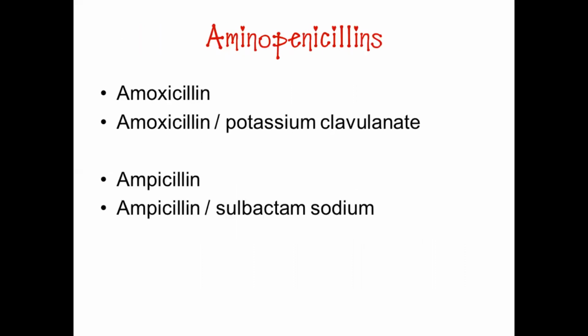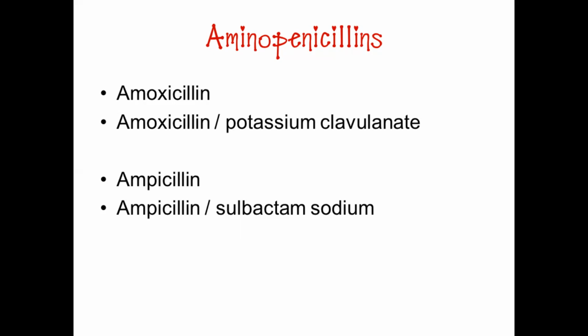Aminopenicillins, so we have amoxicillin, very famous, no? And ampicillin. Since they are susceptible to beta-lactamases, they are combined with other drugs such as potassium clavulanate for amoxicillin forming coamoxiclav, and ampicillin combined with sulbactam.